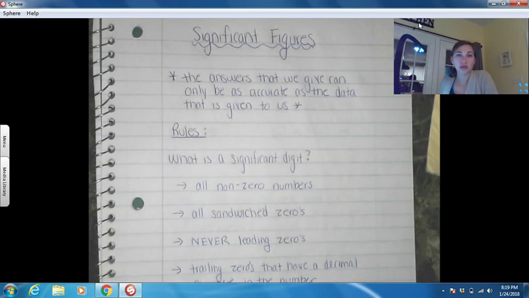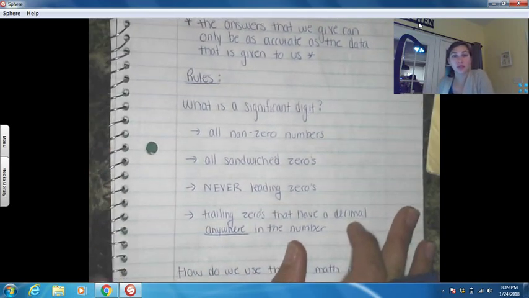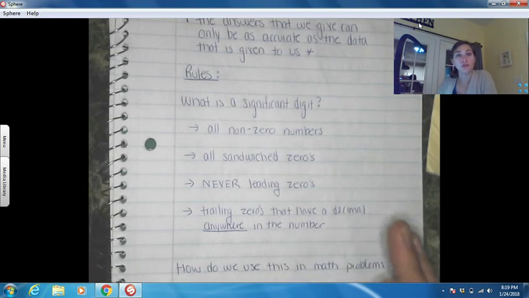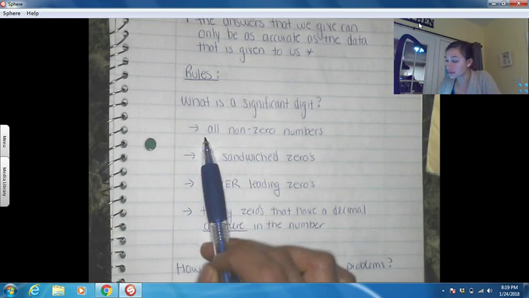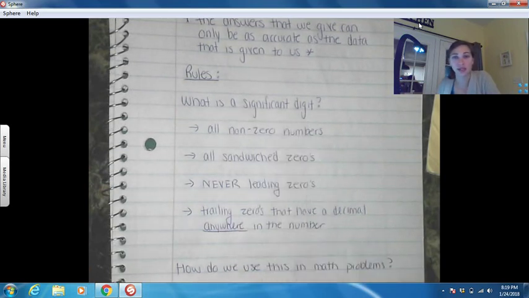So in order for us to be able to use this in problems, we have to first understand what a significant digit is. There's a few rules that we need to remember and understand what they mean. The first one says that all non-zero numbers are a significant digit.